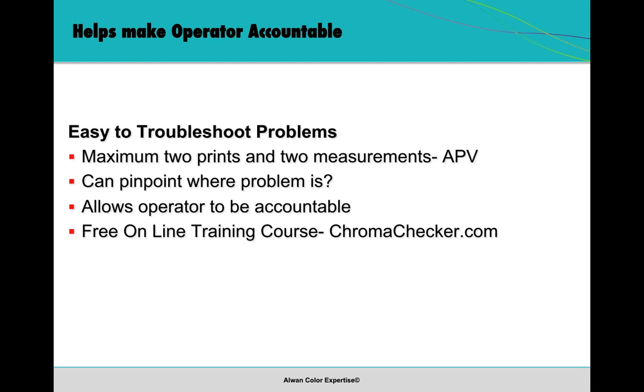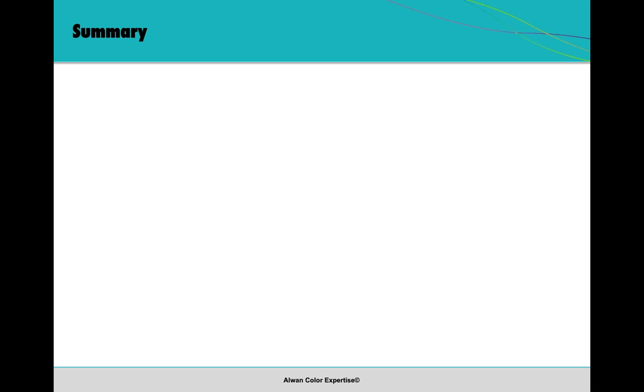Or is the problem in the color conversion of the output device, because it can only be one of those 3 places. This free online training course tells them that and allows them now to take control of what's happening on their digital output device instead of just scratching their head saying, yeah, it didn't look right, but I printed 2,000 anyway, which will cost you a lot of money.